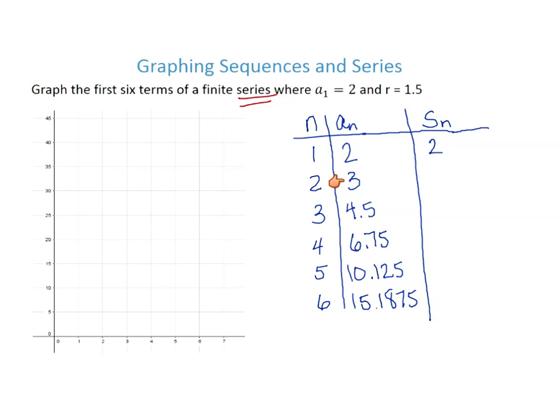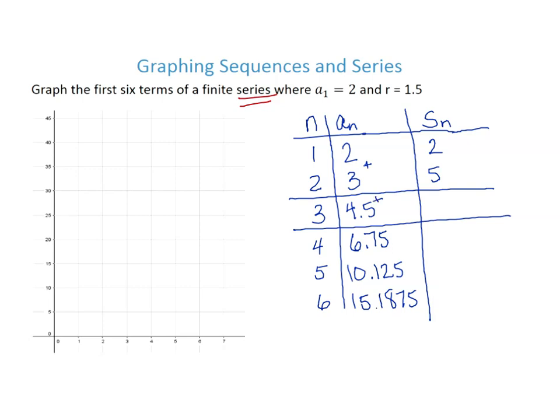When I list the first and second terms of my sequence, and I add those together, 2 plus 3 is going to give me 5. And that's the sum up to this point, right? So now what if I want the sum up to this point?